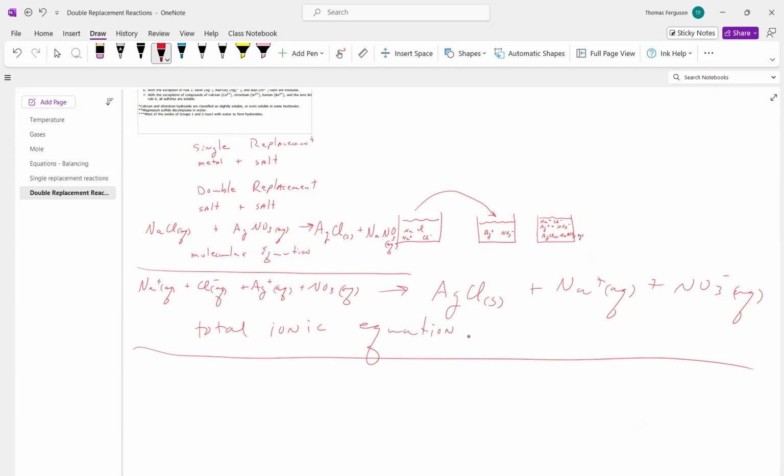What's the stuff that doesn't matter in this equation? Spectator ions. They don't do anything. So what are the spectator ions in the total ionic equation here? Two of them. It's always two. What was the first one? That's one of them. What's the other one? Nitrate's the anion. What's the cation?